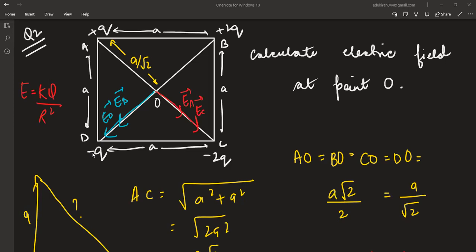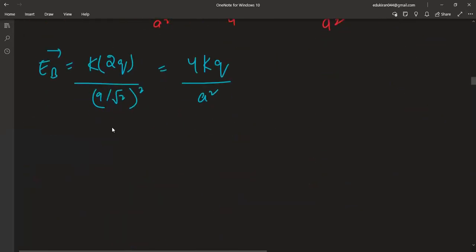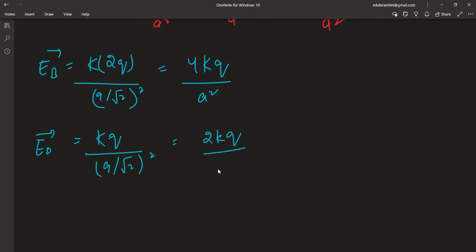So kq divided by the separation, and OD is also a by root 2, whole square. So ED becomes kq by a by root 2 whole square, which becomes 2kq by a square.